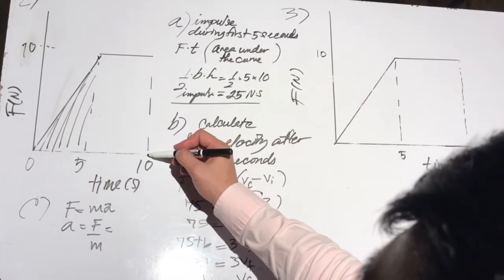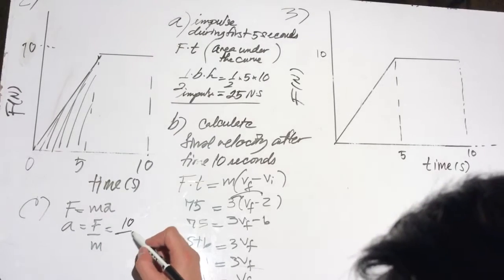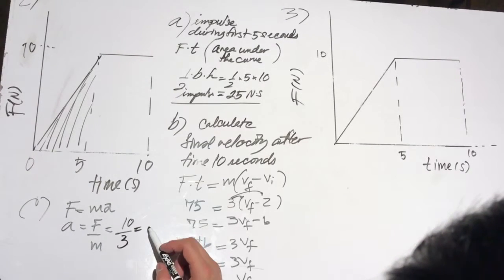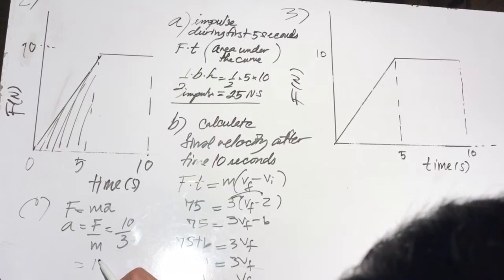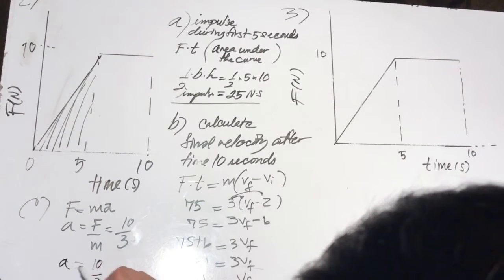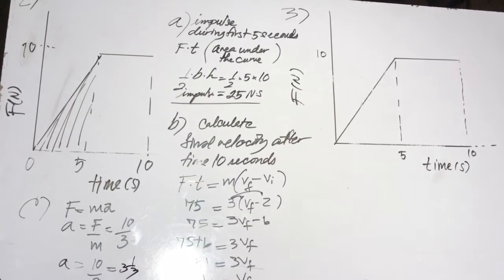I go over here to 10 seconds, go up to figure out what the force is. My force is 10. My mass is 3. So therefore my acceleration is equal to 10 divided by 3, which is 3 1/3. That's my acceleration.